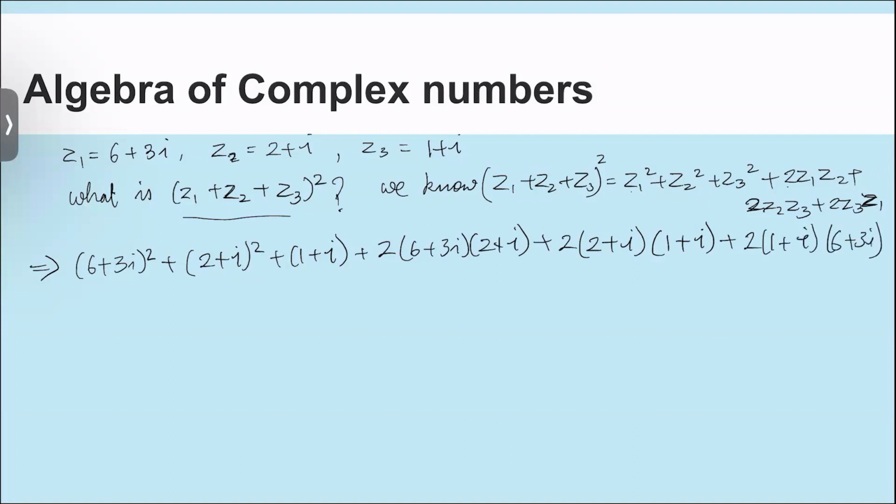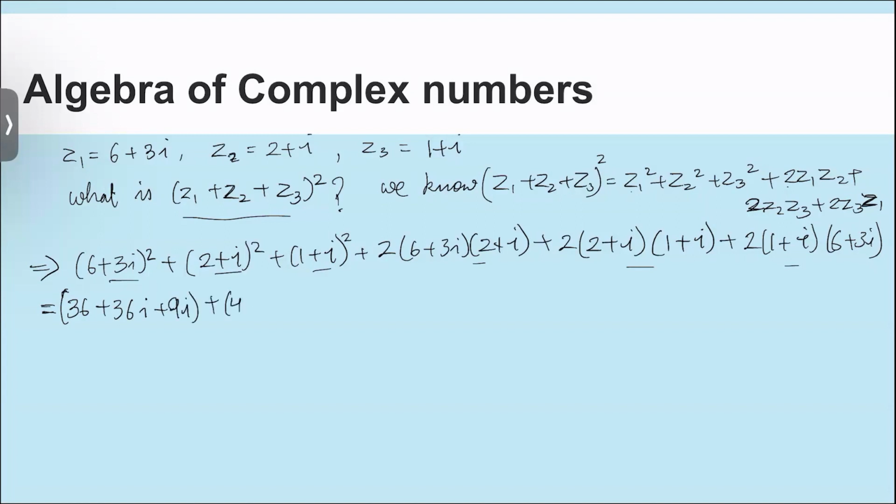Okay, so now let's expand the square terms that we have, and also do the multiplication for the rest of the terms. So we get this as 36 plus 36i plus 9i squared.